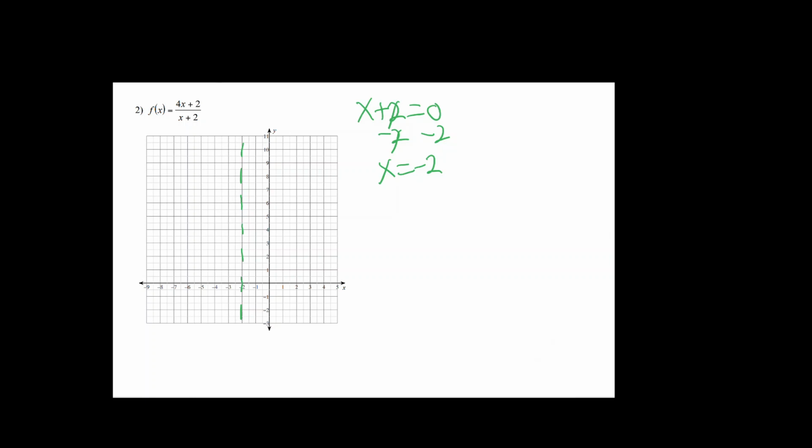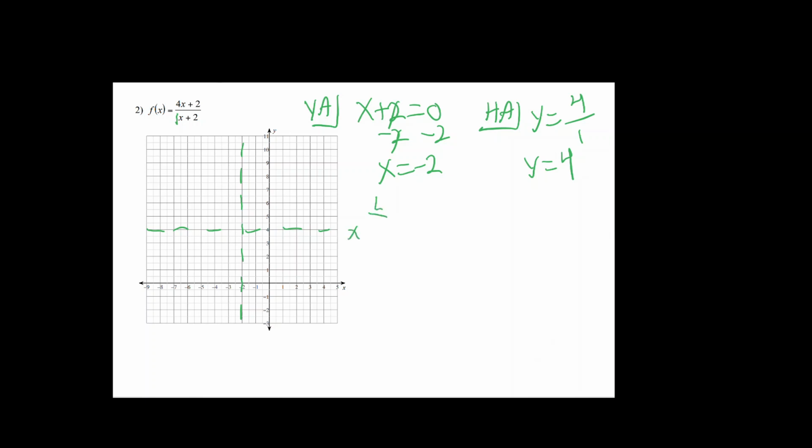When your variables have the same degree, which just means the same exponent, you look at the leading coefficients. Leading coefficients are the numbers in front of your variables with the biggest exponent. All you do is divide your leading coefficients. So horizontal asymptote is going to be y is equal to 4 over 1. So we have a horizontal asymptote at y equals 4 right there.